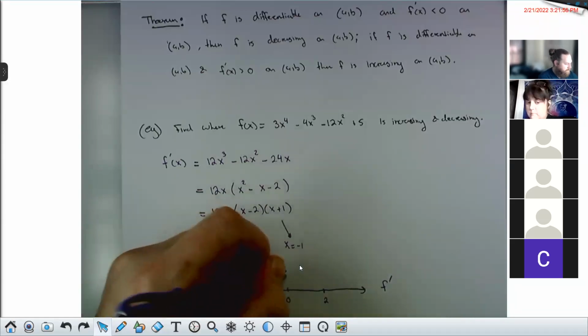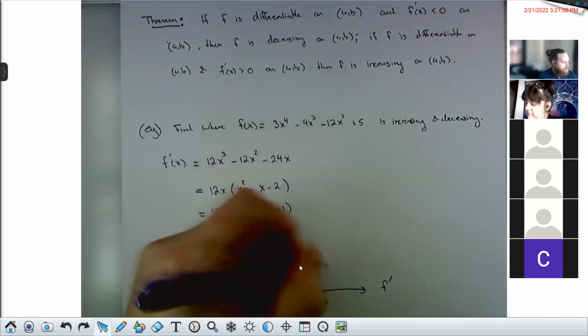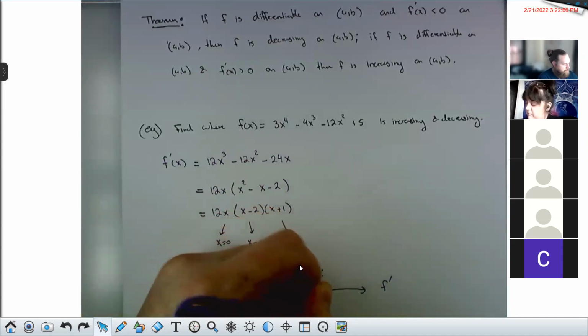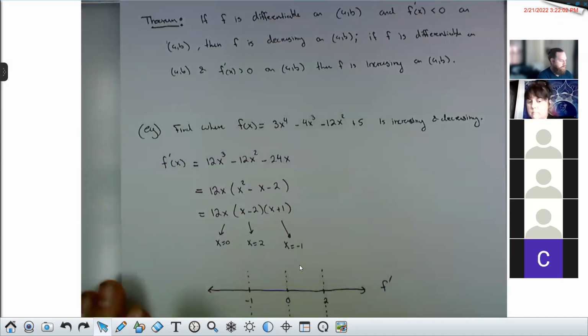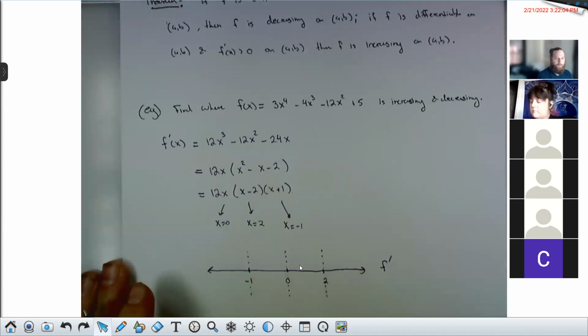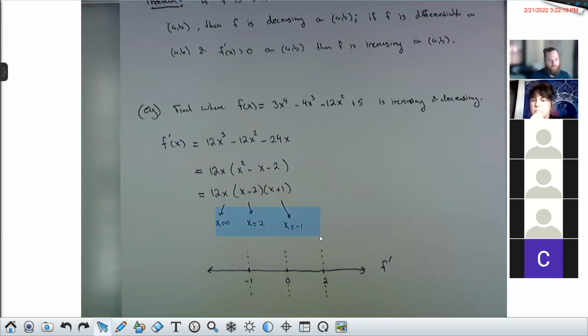And in each of these regions, f prime will remain positive or negative. The only places where f prime can change sign from being positive to negative or vice versa is at these numbers. Because f prime is continuous, the only place it can change sign is at its roots.